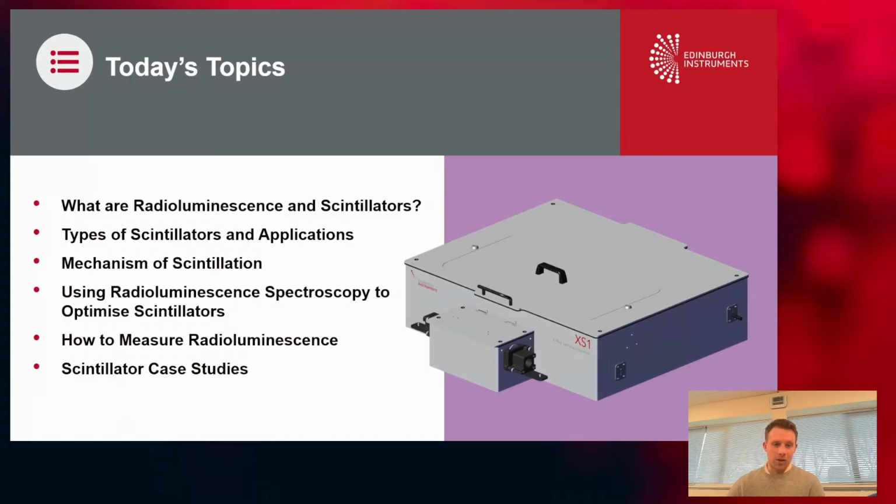I'll then hand over to Maria, and she'll talk about how we can measure radioluminescence practically with our XS1 radioluminescence chamber, and also talk about some case studies from literature where researchers have used the XS1 to optimize the properties of their scintillators.